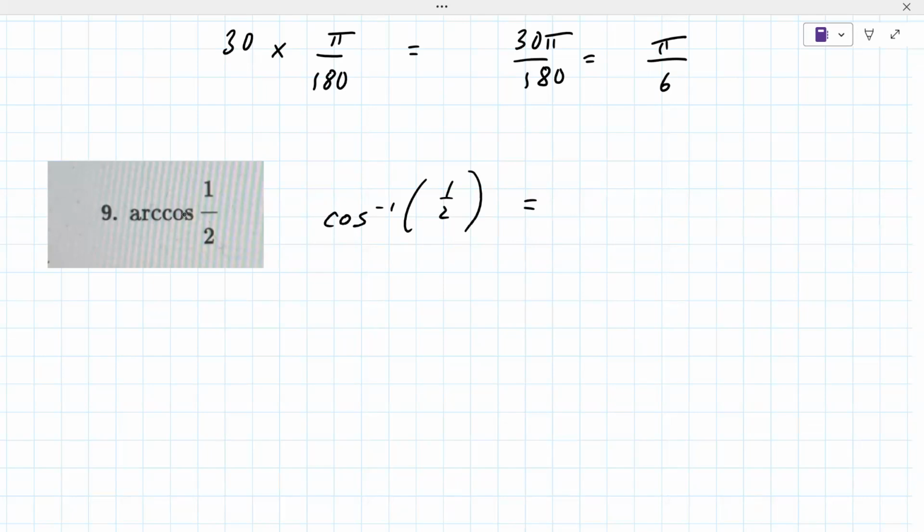Pi over 3. So you got 60 degrees, you multiply by pi over 180, and you get pi over 3. And the same thing works with any of these other more sophisticated ones.